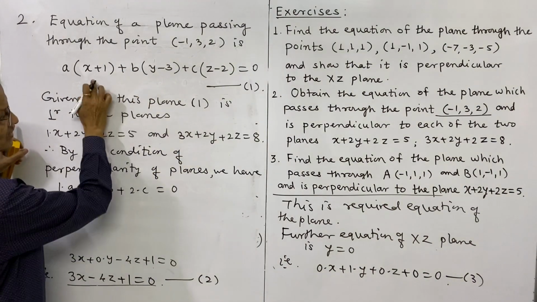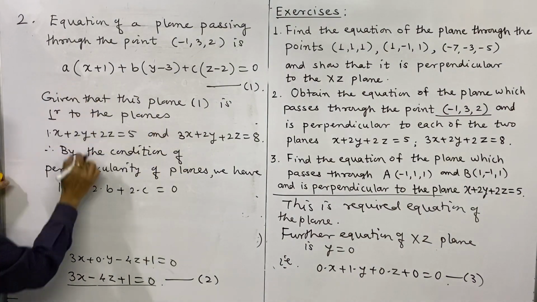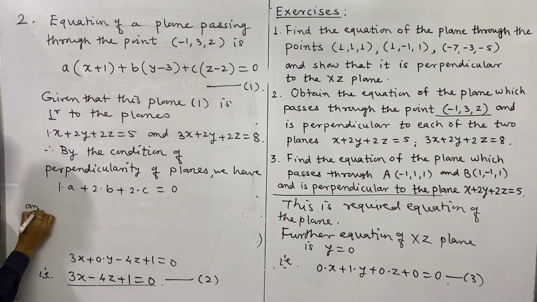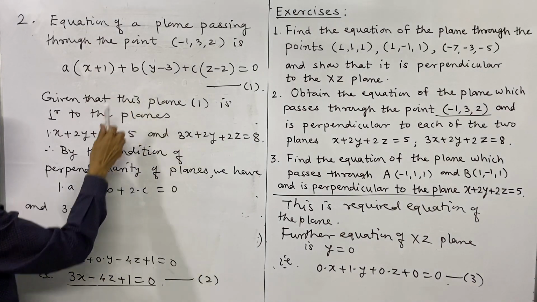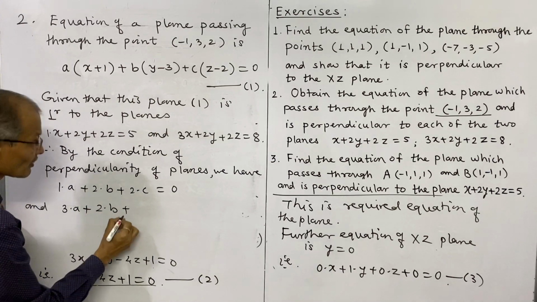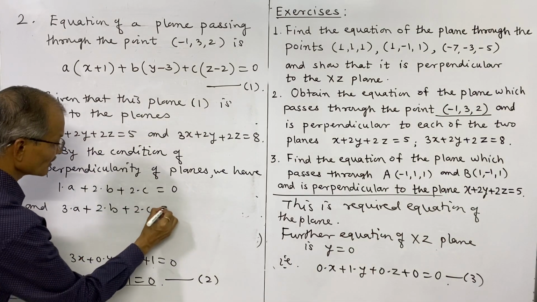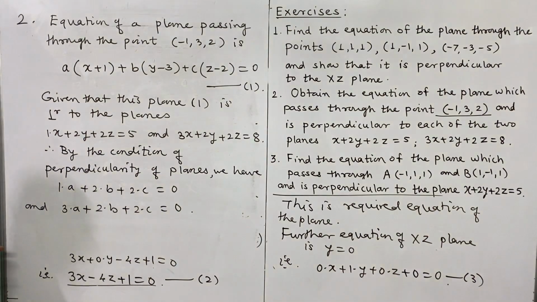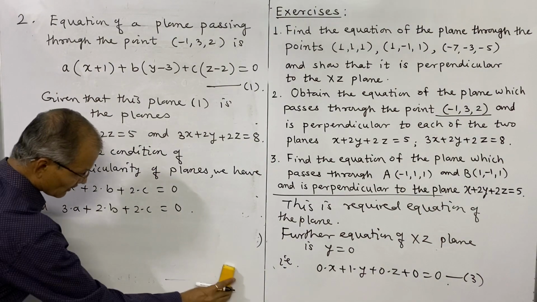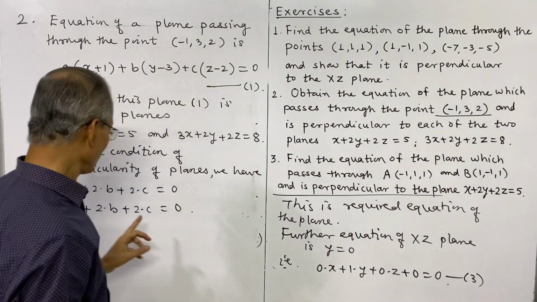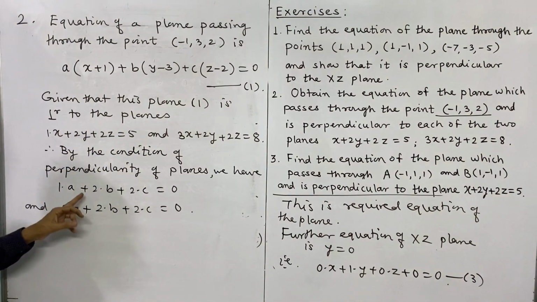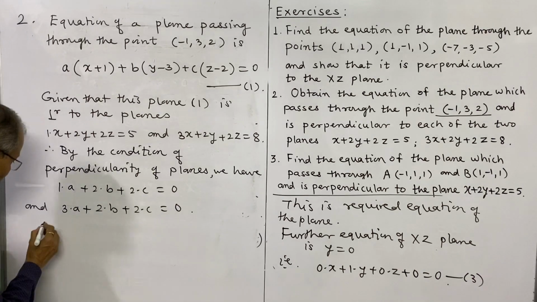And similarly for these two planes, 3 into A plus 2 into B plus 2 into C is equal to 0. So these are the conditions we have. Now, as earlier, from these last two, we shall get the proportional values of A, B, C.